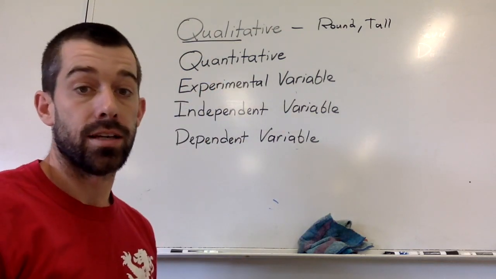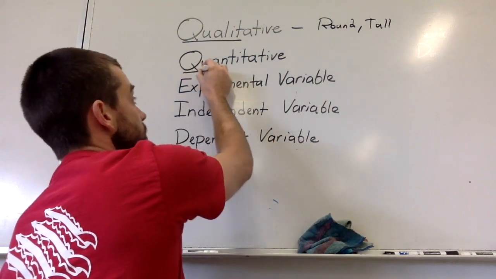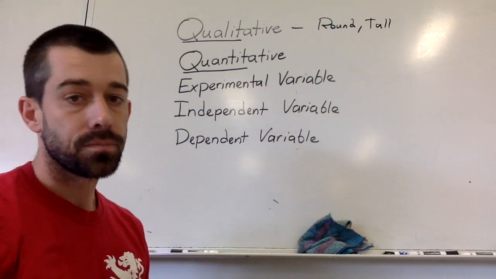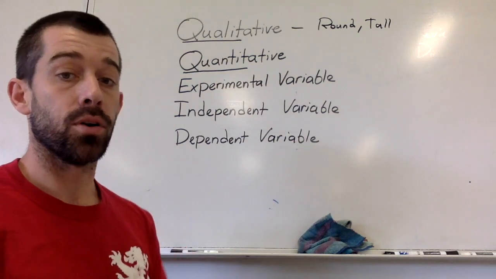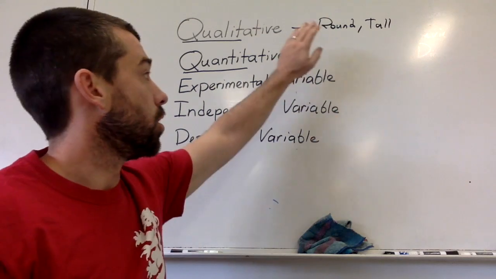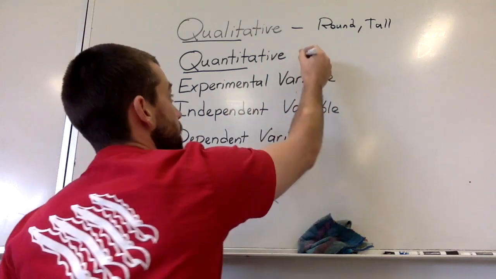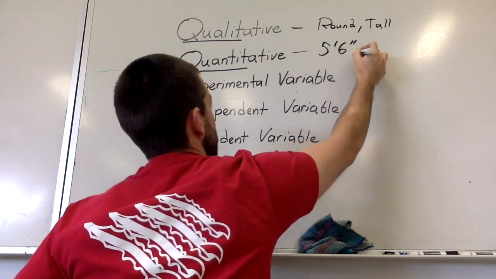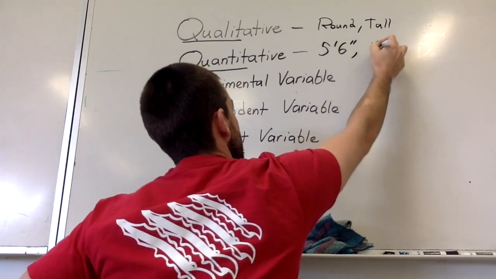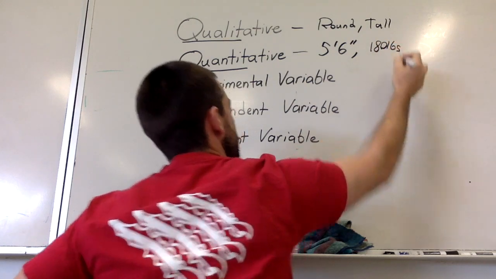Quantitative, on the other hand, is something that is judged by its quantity. And so with a quantity, you're always going to have a number associated. Numbers might be that person is 5'6", or that person weighs 180 pounds.